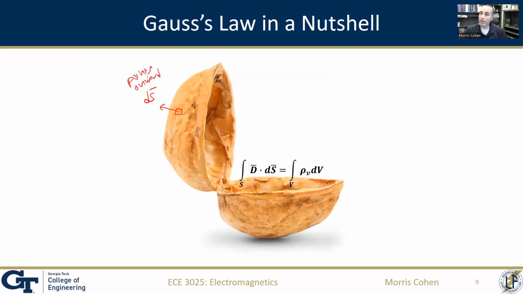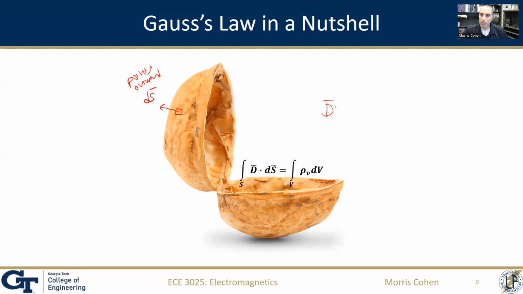So it specifically captures outward flowing electric flux lines. Electric flux lines that go inward are going to have a negative contribution of D dot dS, whereas D dot dS has a positive contribution that captures the outward flow, and rho v dv is going to capture little charges that are inside the nutshell.